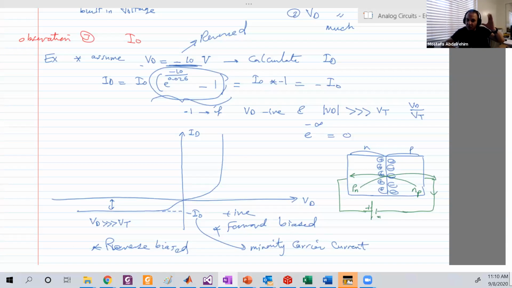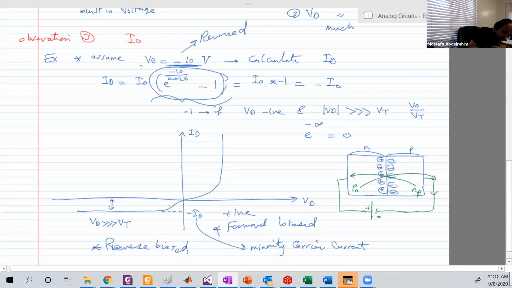So we now know its physical meaning, and we know where it came from. It doesn't come from the majority carriers. It comes from the minority carriers. One last thing, I told you it's called saturation current. Why saturation? Look at this curve.